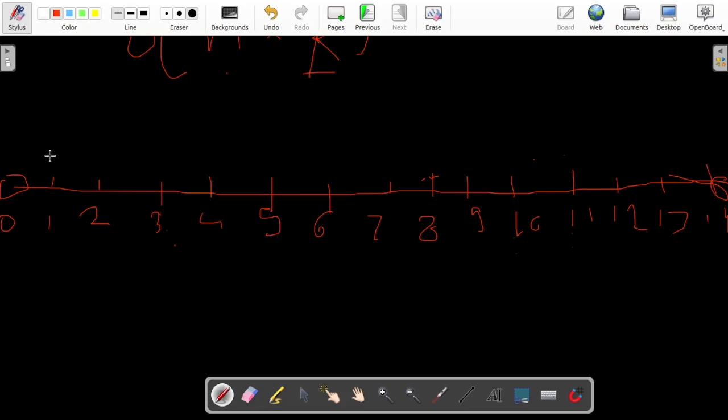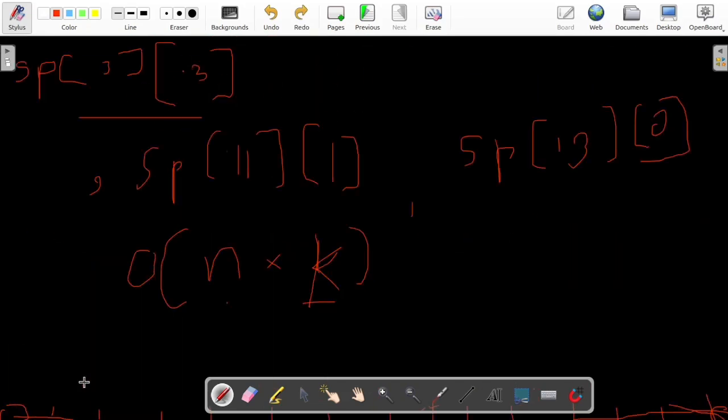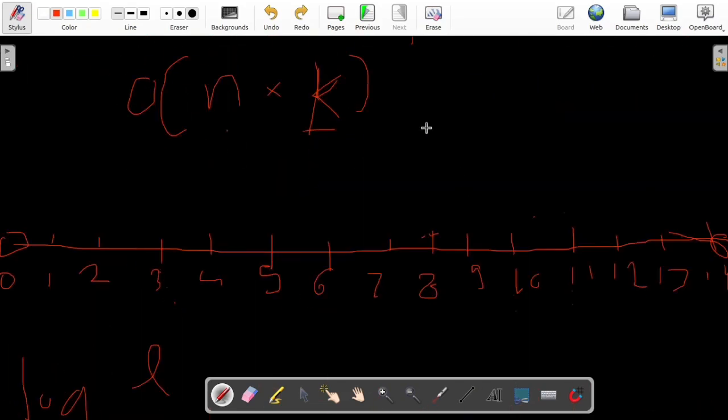What I'm saying is that any number is constructed using powers of 2, and the number of powers of 2 required is this many. And we will always be iterating over this many segments for each I. So our overall time complexity is n times log of the length, which is n in the worst case. This will be our time complexity for building a sparse table.